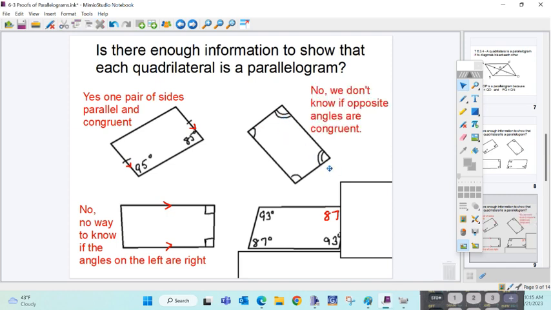It's possible, but the only way that this actually could be one is if for some reason these two and these two were all the same. That would be the only way that we could have these two congruent and these two congruent. So this one's no. It would have to be opposite angles in order to be a parallelogram.